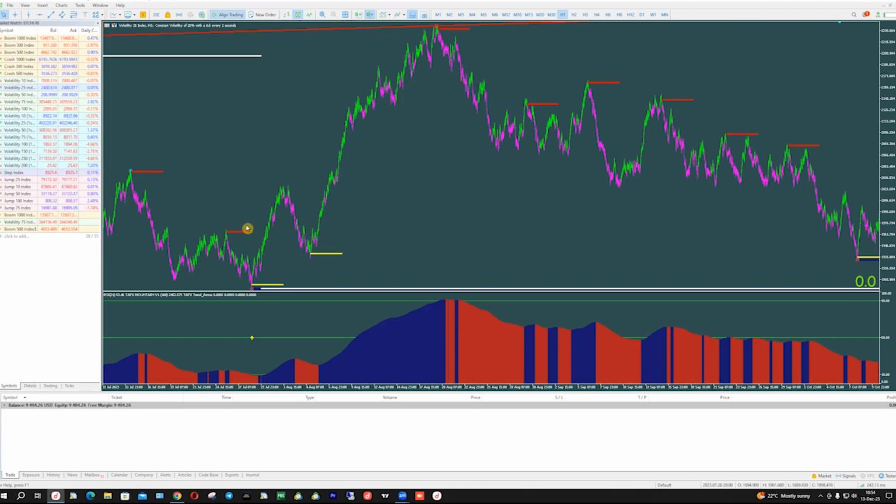Now, instead of drawing engineer liquidity, because maybe you can get confused and not know exactly which zone you are expecting to buy or sell, you can see the system has already given you the entry point according to this area, and you are expecting to buy because of this breakout. Are you getting my point? So after this breakout the market has changed direction, it's an uptrend. So this is a buy signal.